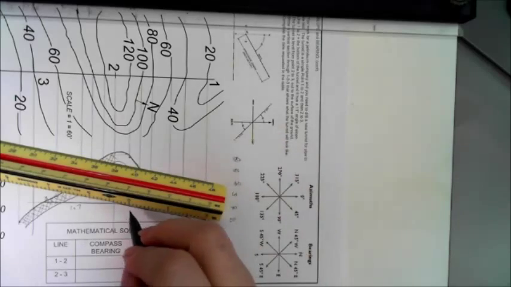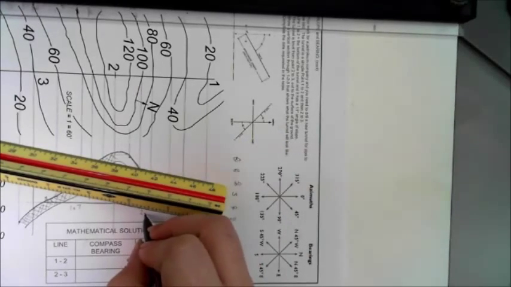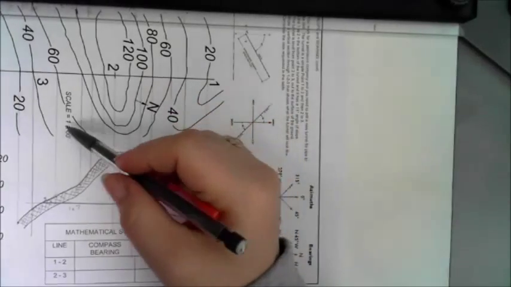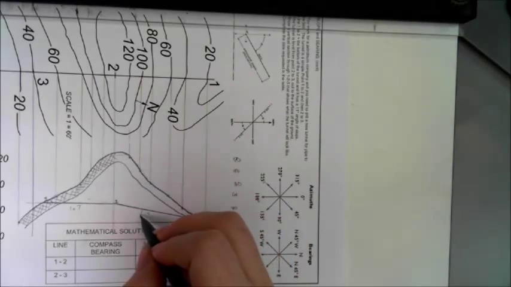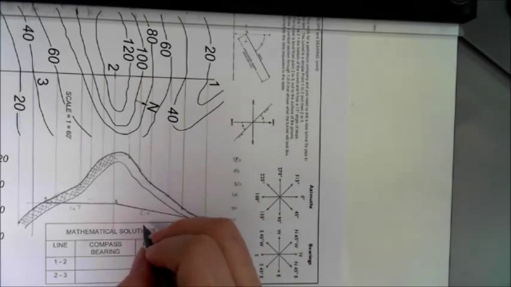And 1 to 2 is 2.4. And this is what you're going to do your scale, because the scale right here tells you that 1 is equal to 60. Okay? So I know automatically that that's going to be 120 plus the 0.4.